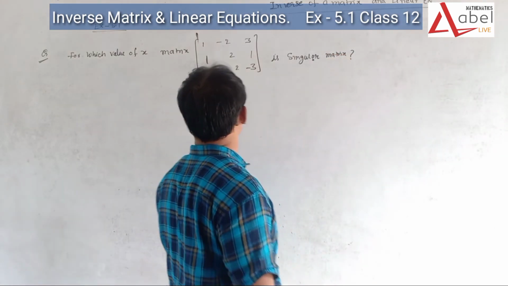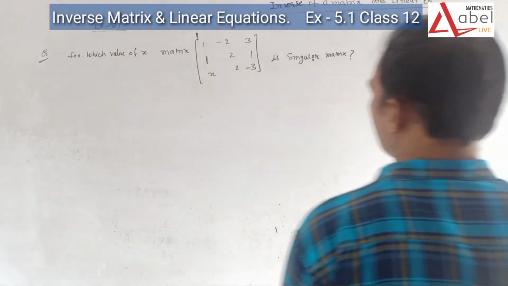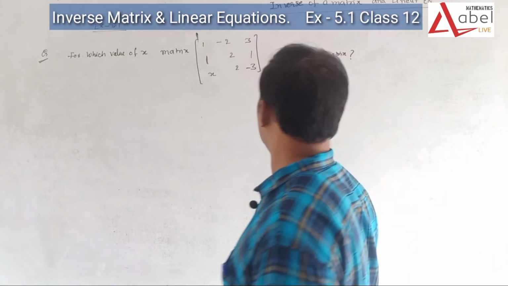For which value of x is the matrix 1 minus 2 3, 1 2 1, x 2 minus 3 singular?